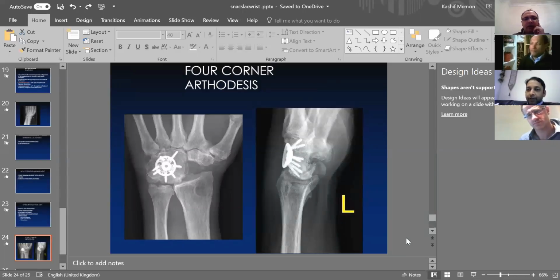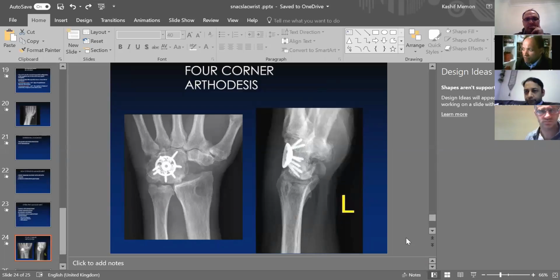Now, David, want to say something? Yes, again, just to reiterate Kashif's point, it's symptoms rather than radiological findings. So, yes, if you X-ray everyone with a scaphoid non-union, they will have some form of arthritis, but not everyone will come up with pain.